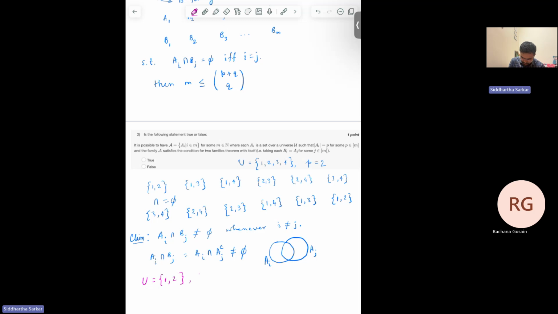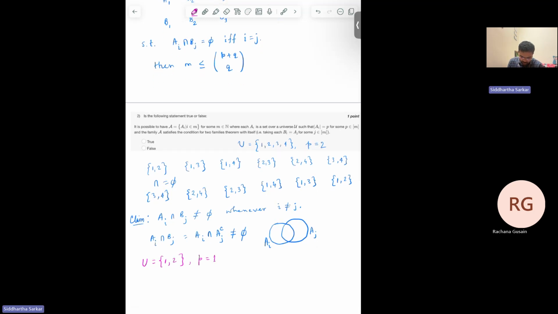So let us say I make families of size 1. So then again it will be satisfied.